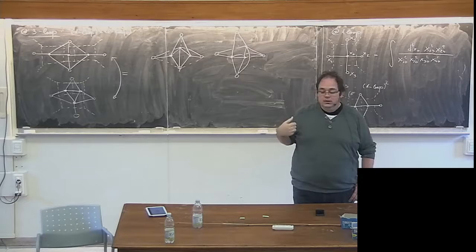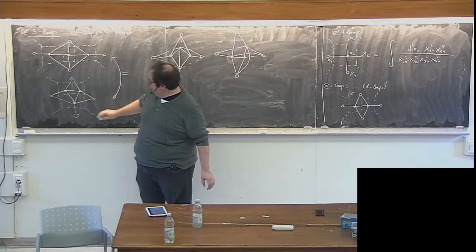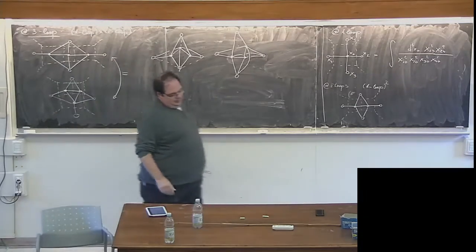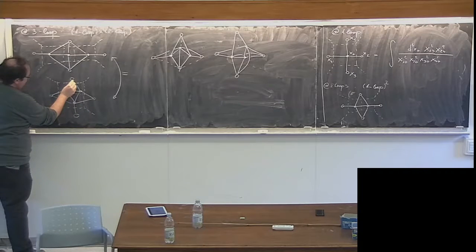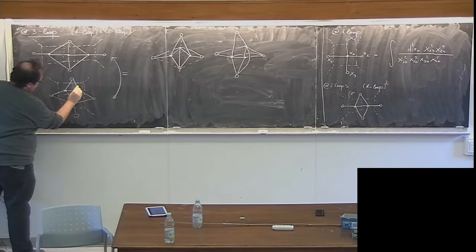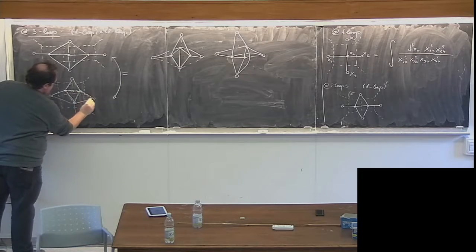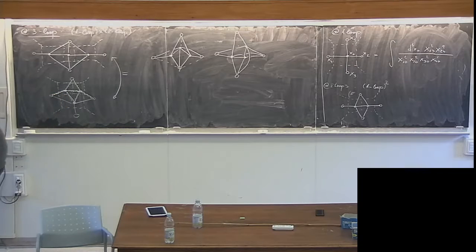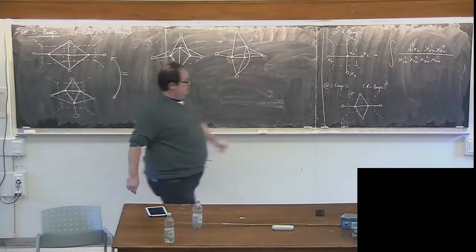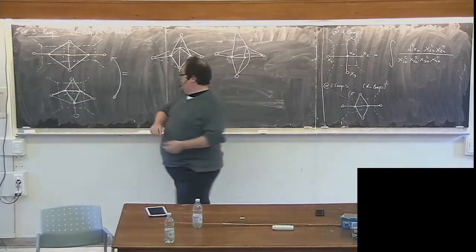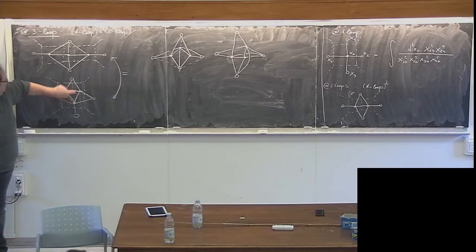I'm not going through the argument, but basically, you see, there is a 2-loop subgraph in here, which would be, let me write it like this. I can take out this thing, which is precisely this one here. I can rotate it by 90 degrees and plug it back in, and I get this one.